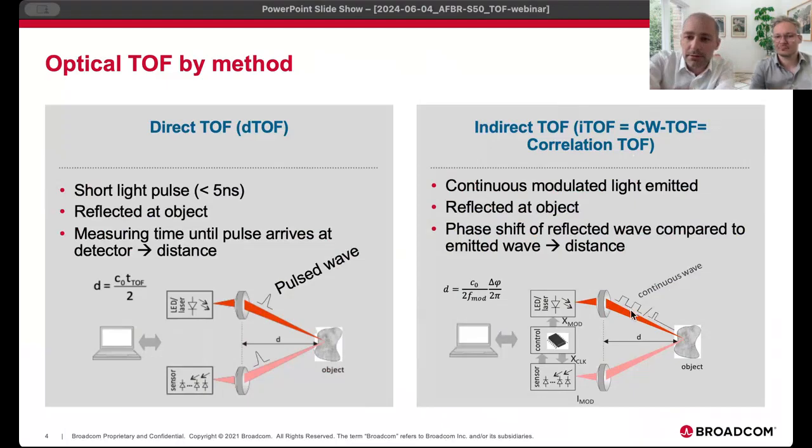You see it here in these square shapes, but it can also be a sine curve, for example. It is continuously emitted and modulated onto the object, and the reflected wave or pulse train is detected at the photodetector. In the electronics, the phase shift of the emitted pulse train and the detected pulse train are compared, and out of the phase shift, you see it here, the delta phi, the distance can be calculated.